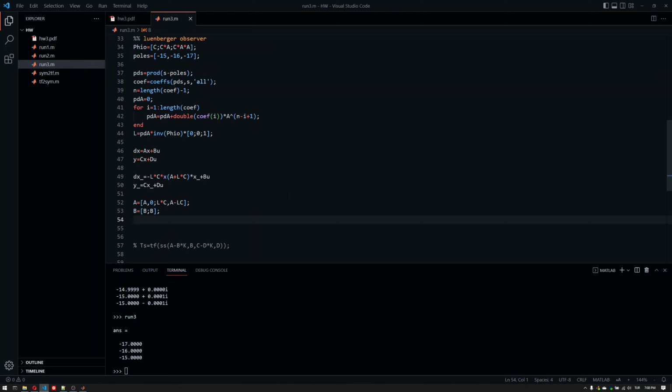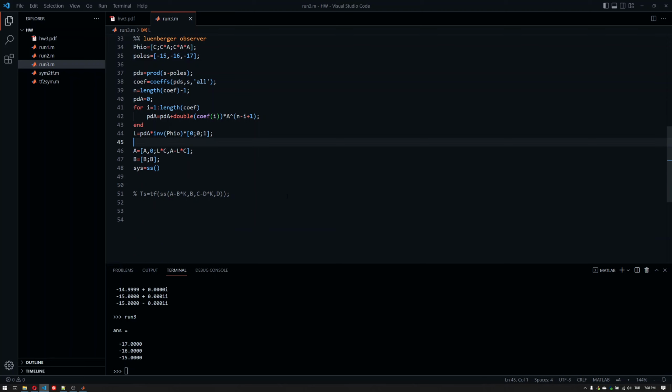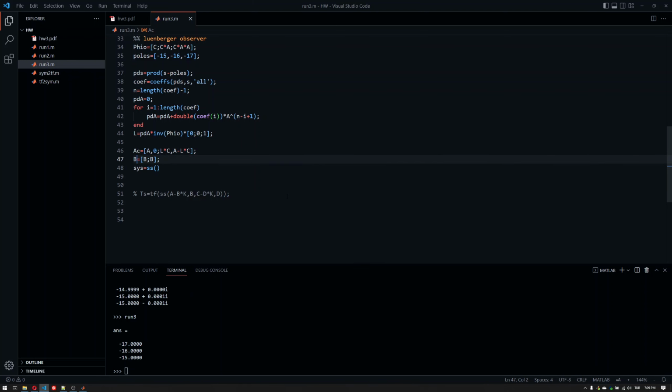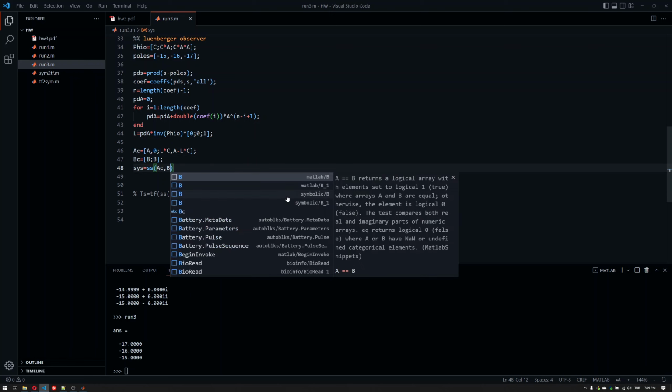Therefore, we can define a bigger system here. Let's call it sys. And we can just put the multiplication sign here. Let me get rid of everything here. What we can do now is, I'm just not going to name them A and B. Let's call them AC and BC combined. So AC comma BC.